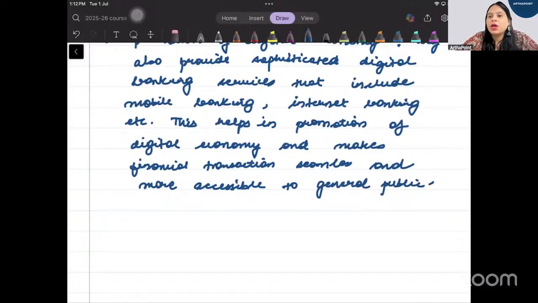Right, beta? So these are the main functions, but apart from this there are also some other functions, right? The next function is that it can give you investment and wealth management. For example, if I go to my relationship manager, usually when you open a salaried account you get one, and I tell him I have this much money and want to invest, they will connect me to a wealth manager in the bank.